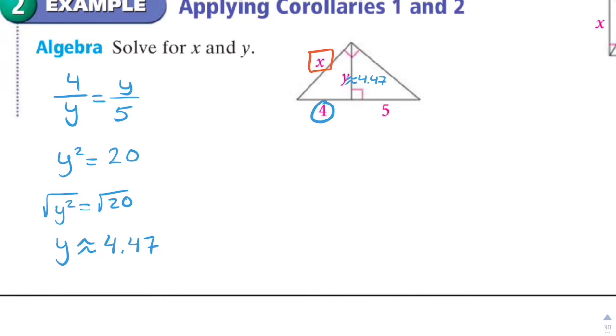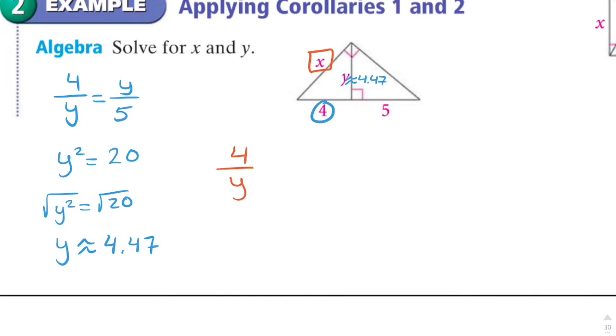Therefore, it's actually the shortest side of my biggest triangle. So I'm going to say 4 is to y. I can't do that. Let me look at, let's see.